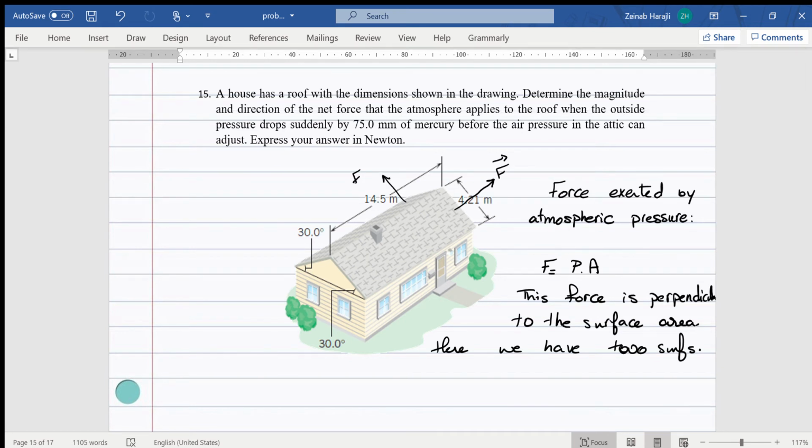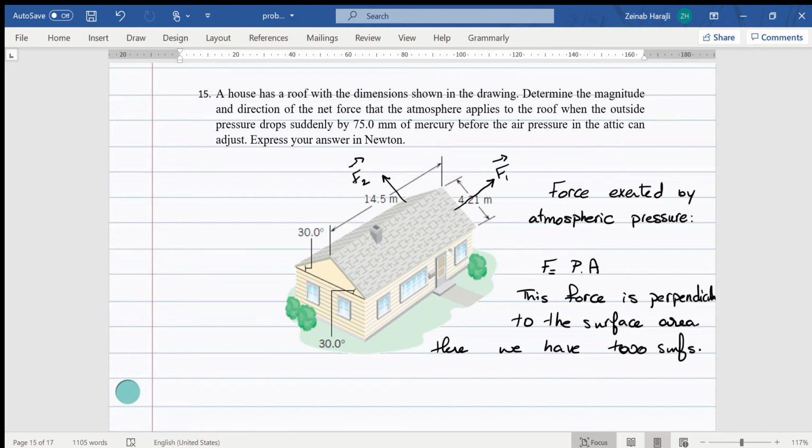So we can name these F1 and F2, let's say, for the force exerted on each surface. Now, I have drawn these forces to be outwards because the pressure drops. So the air pressure inside has become more than the air pressure outside. And then the force is going to point outside this surface.